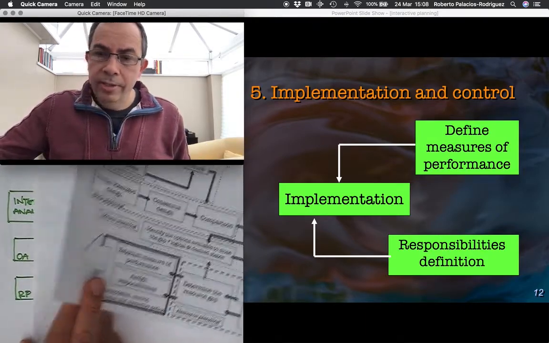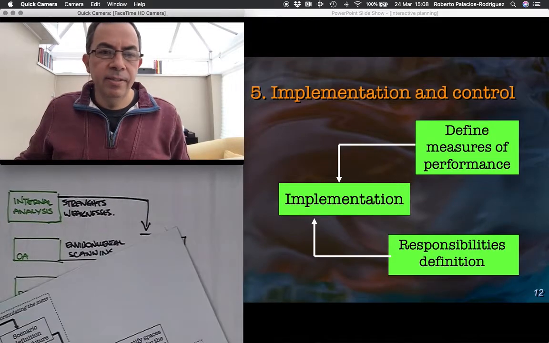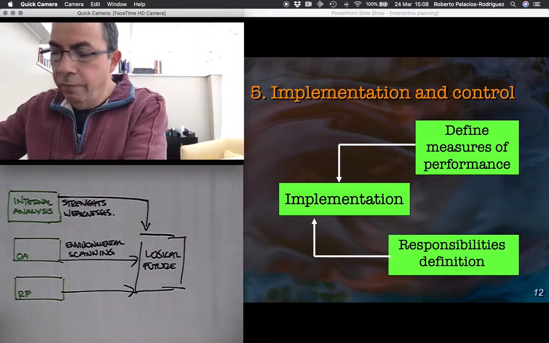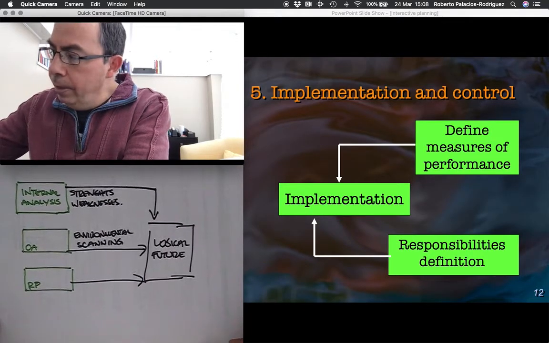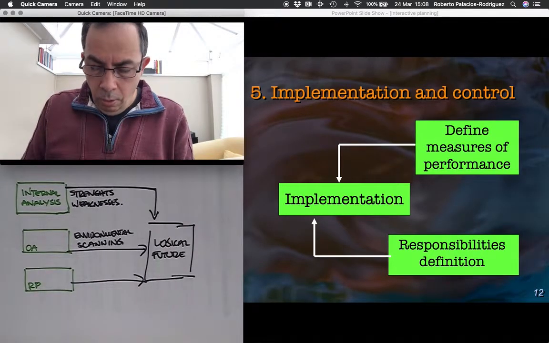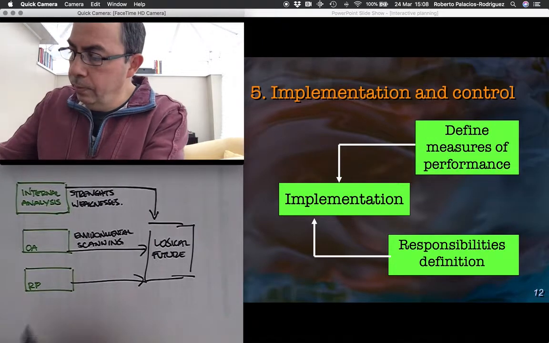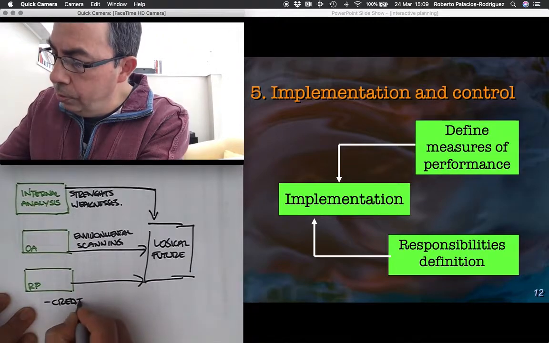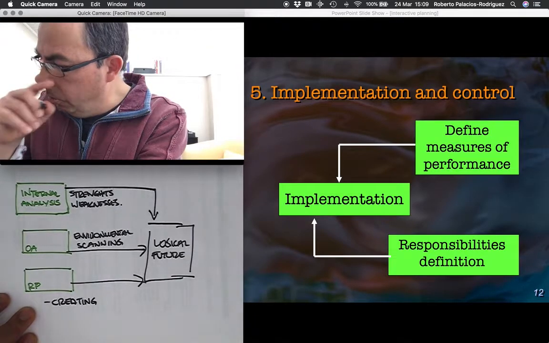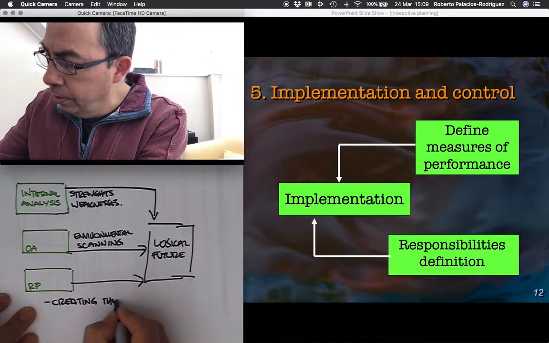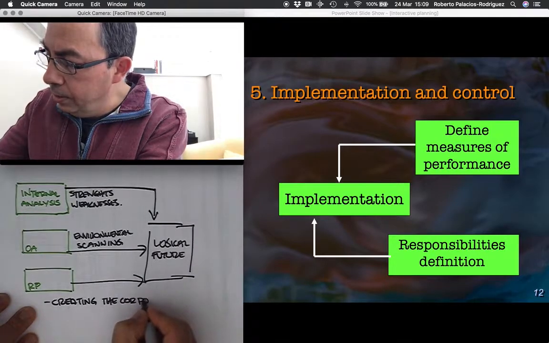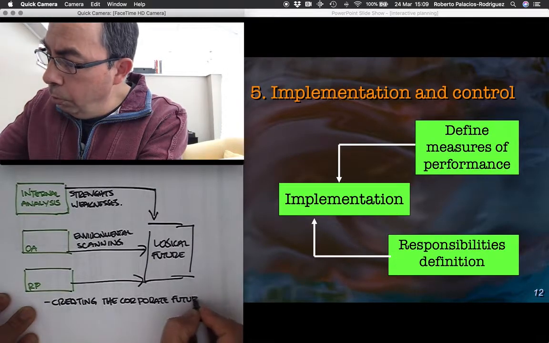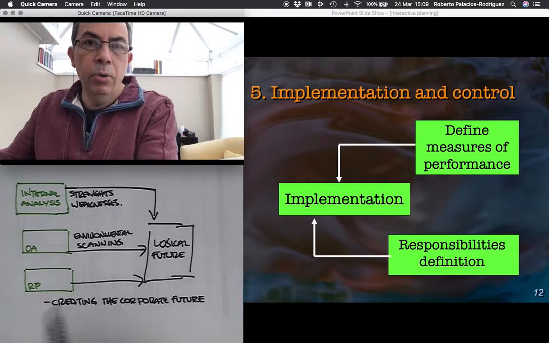Of course, it is not easy. Again, requires experience. It is quite easy to explain, not as easy to actually follow. And therefore, let me give you a couple of references that you can use. Probably the main one will be Acuff's own writings, Creating the Corporate Future. This is a book that exists in the library. And the whole book is about the methodology.